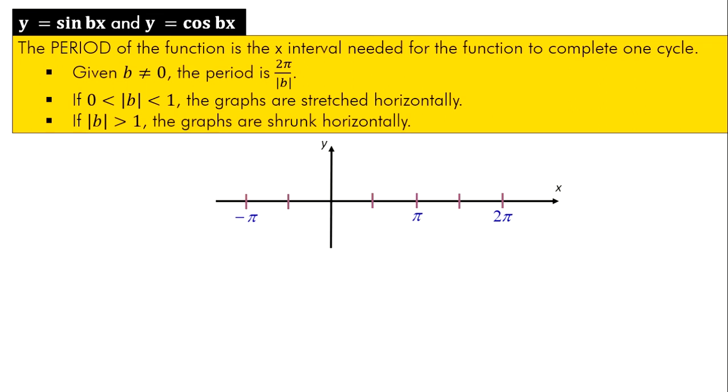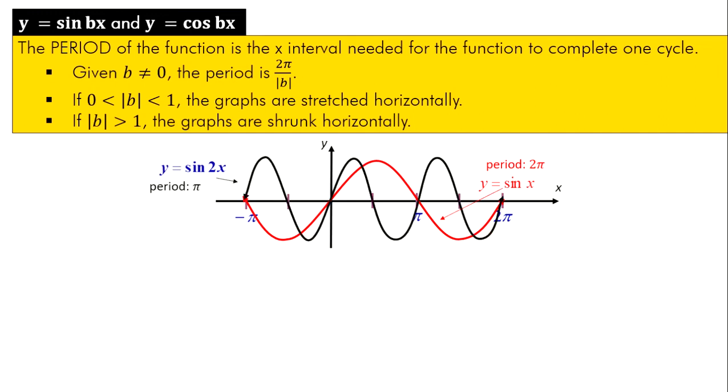Given the parent function sine x, its period is from 0 to 2 pi. If we include a b here, let's say we have sine 2x. Instead of the period of 2 pi, we need to use the value of b, which is 2 here.